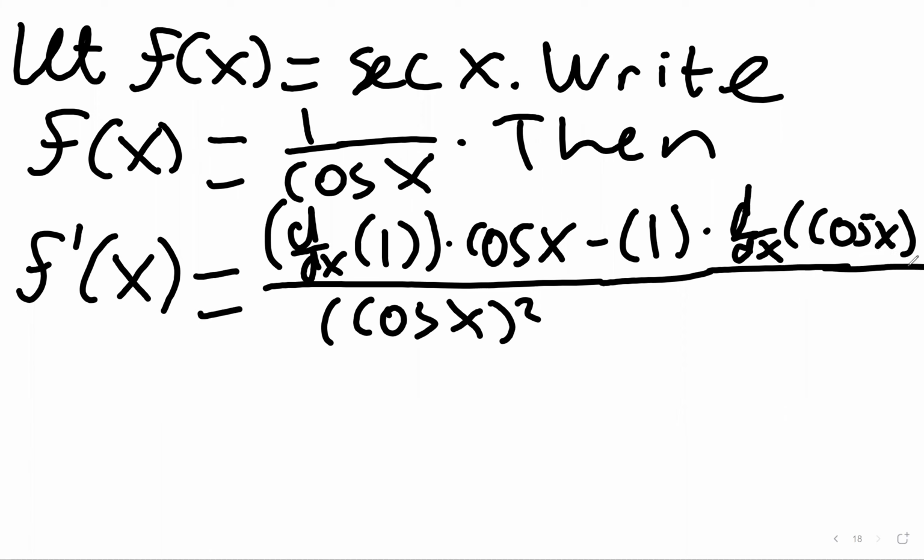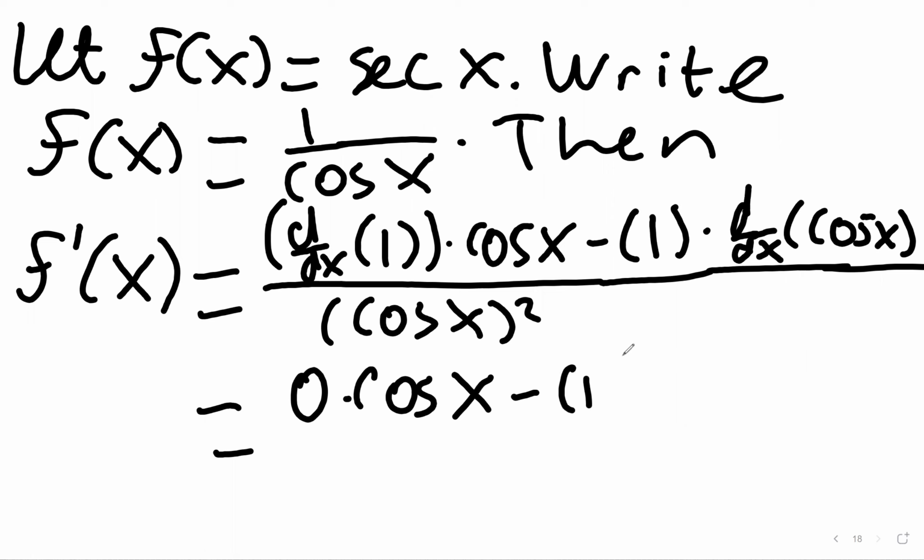The derivative of 1 is obviously a constant function, so it is 0, and 0 multiplied by cosine of x is always 0. Minus 1, and then the derivative of cosine of x is minus sine of x.